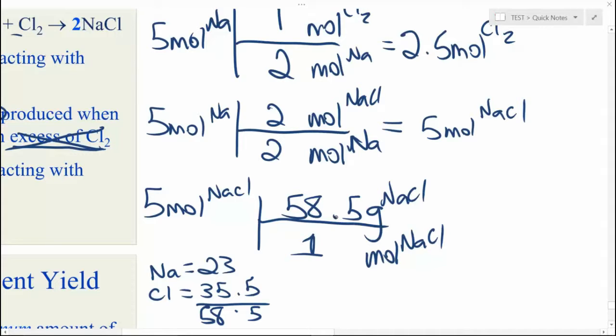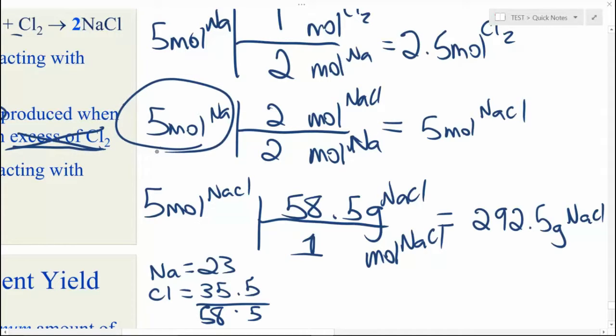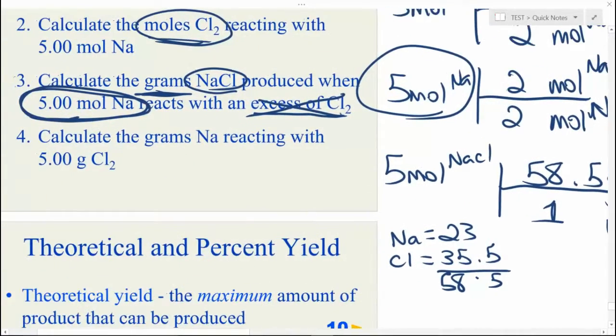So 5 times 58.5, that would give us 292.5 grams of sodium chloride from 5 moles of sodium. So 5 moles of sodium will produce 292.5 grams of sodium chloride.